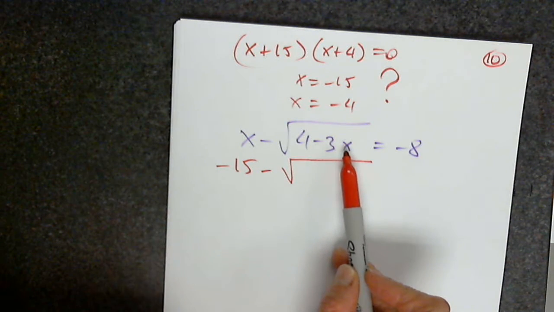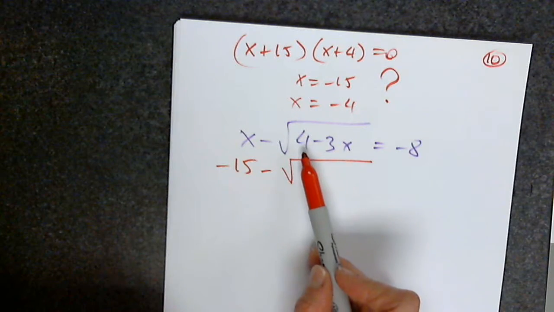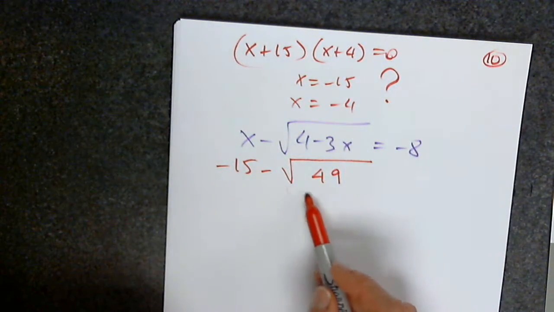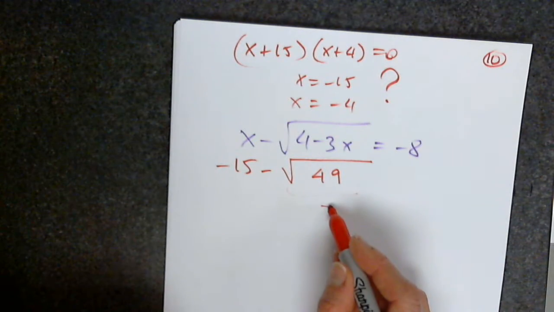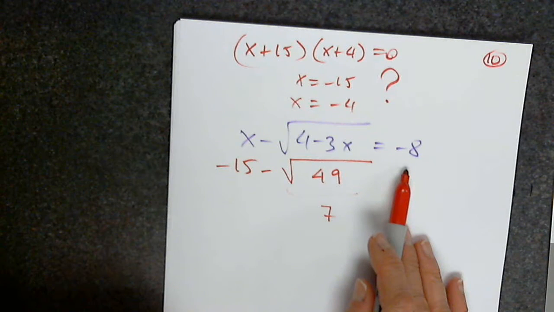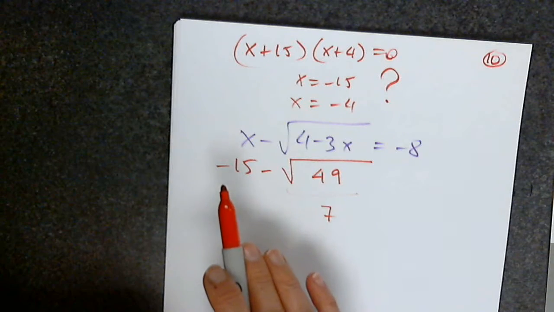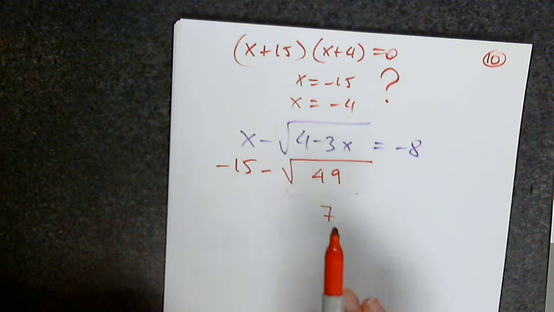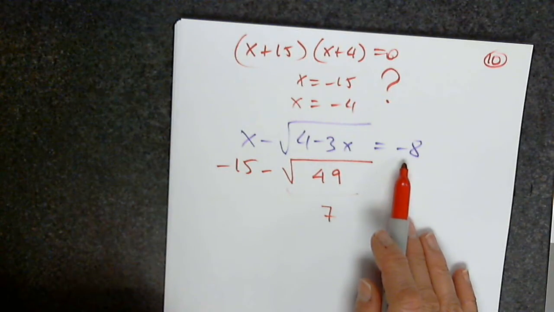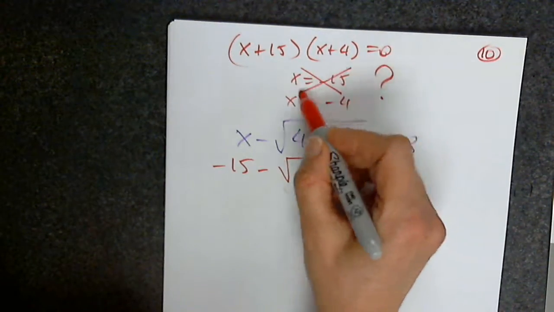Negative 3 times negative 15 is positive 45, and plus 4 is 49. The square root of 49 is 7. Negative 15 minus 7, negative 8? So I borrow $15 from you, and then I say I need 7 more. Okay, I wish banks would give us that. Okay, so the answer is no.